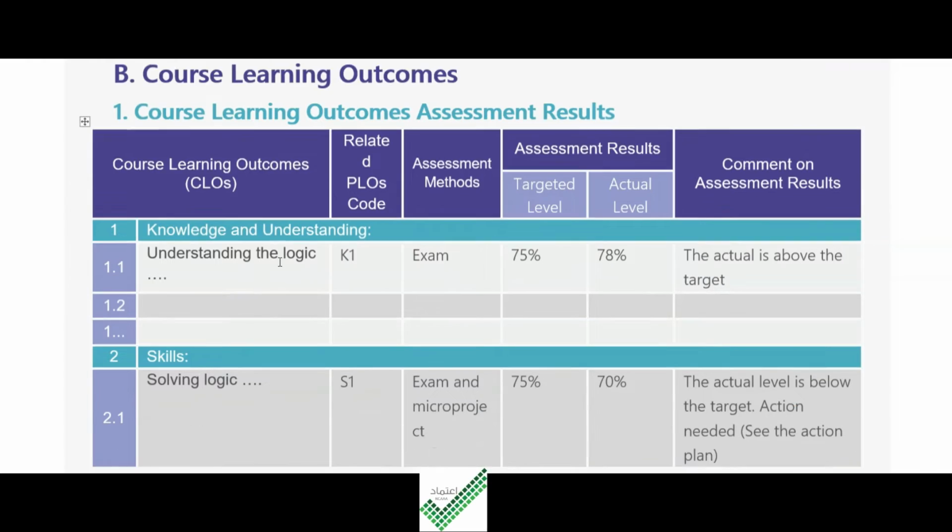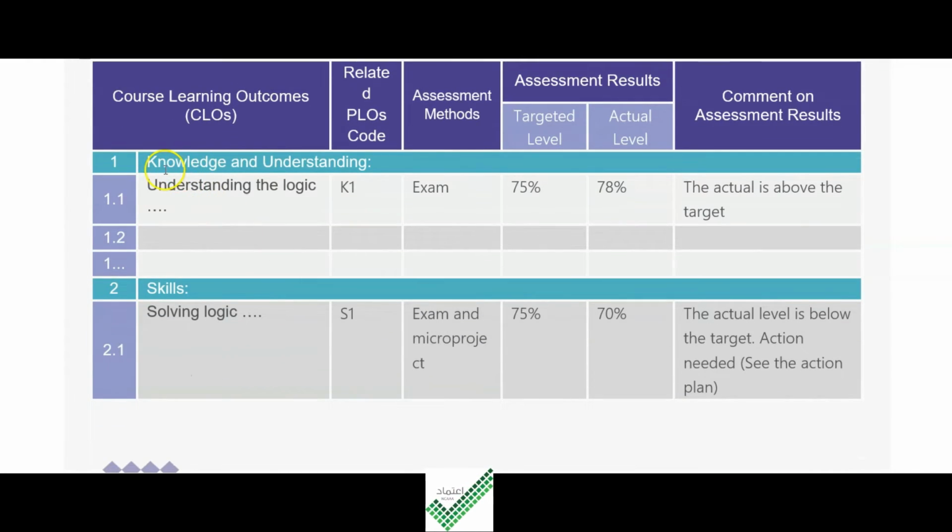For example, in domain one, knowledge and understanding, I have understanding the logic design. This is one example. It is related to the program learning outcome K1, and I have a course learning outcome in the skills domain, solving logic design problems, which is S1, related to skills, skill 1.